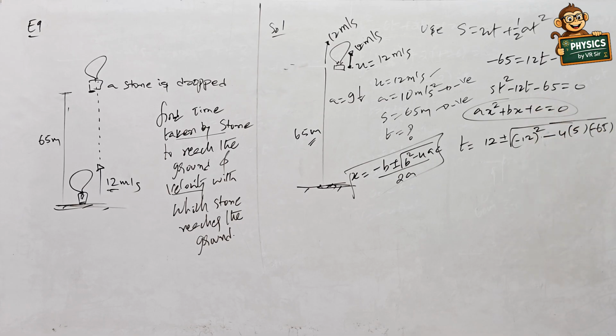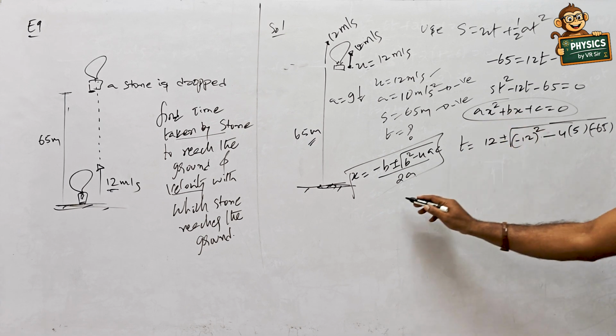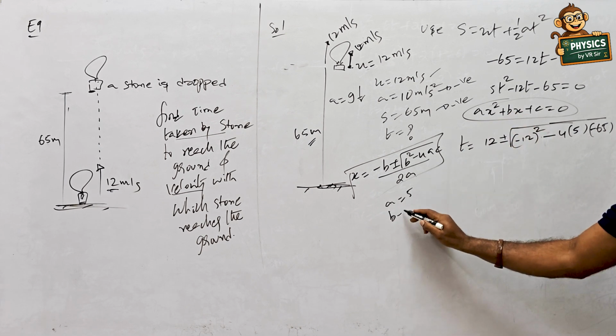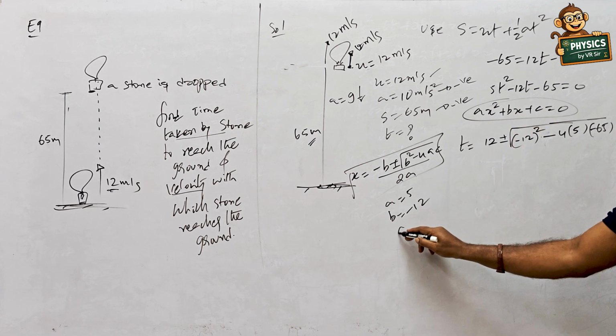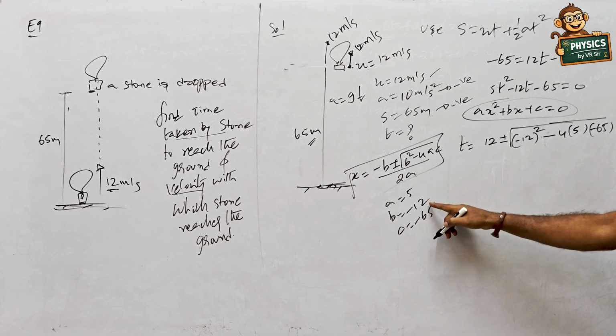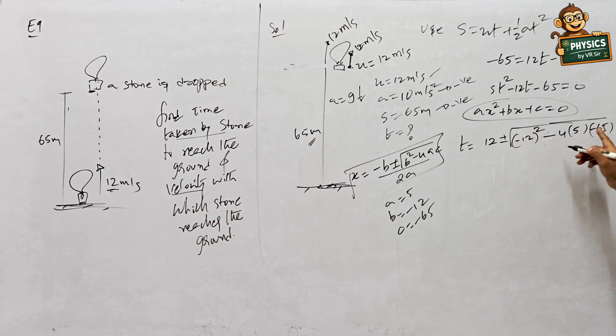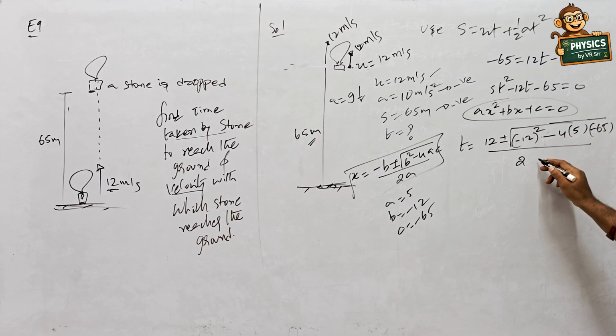C is minus 65, a is 5. So a equals 5, b equals minus 12, c equals minus 65. With that, minus b plus or minus root over b square minus 4ac by 2a. Hope it's clear.